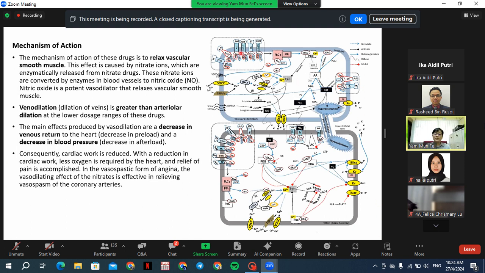So if you get time, go back and appreciate this mechanism of action. This one is drawn by me, after I went through hundreds of articles and then summarized the mechanism of action. Okay, we call it vascular tone here.